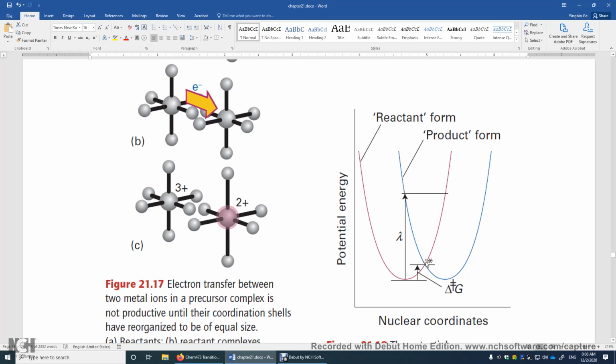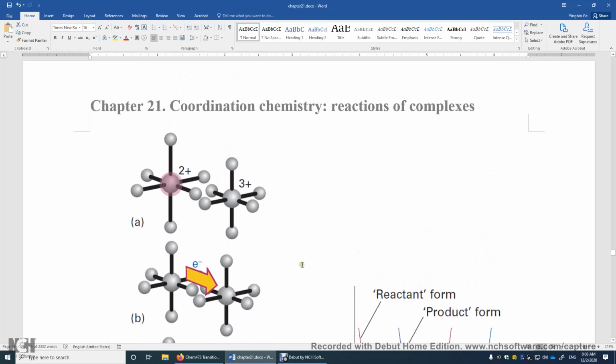And it happens that this curve crosses the potential energy curve of the product. So it can go back here. Of course it can go back to the reactant, but also there is a possibility this structure will go to the product side. So again, I'm using this to show you the meaning of lambda.